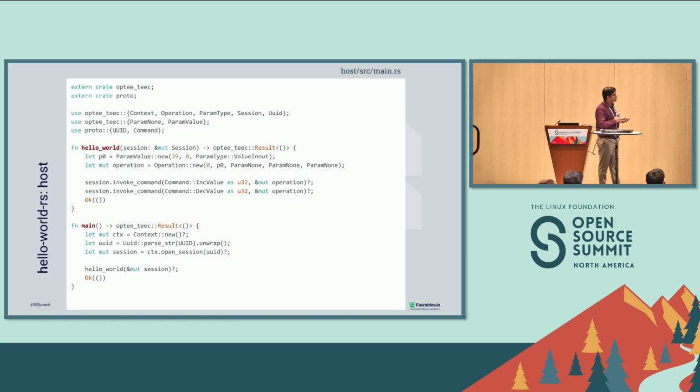Here you could see we are creating a context using this API offered by this optee crate, and then we are opening a session, and then in this hello world function we are just creating an operation and doing invoke commands. Here we don't have to deal with closing the session and closing the context, because at the end it is just going to drop, and the drop for context calls TEEC_CloseContext as well.